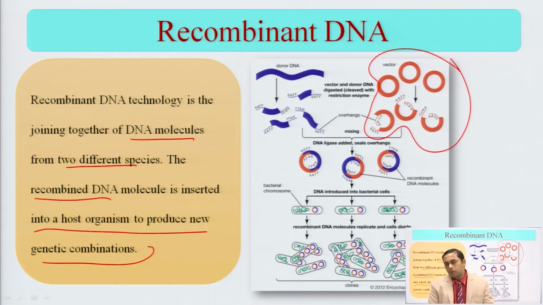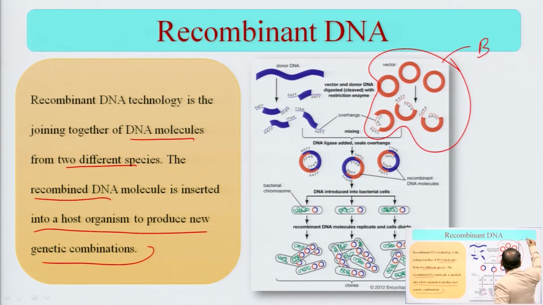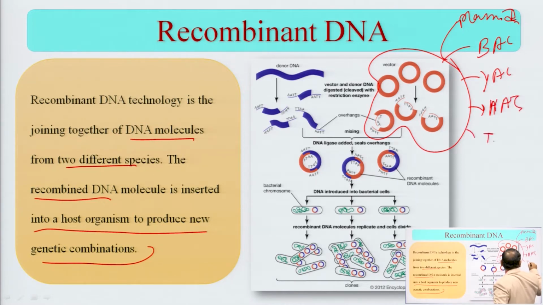You have seen various kinds of vectors, such as plasmid, BAC, YAC, and human artificial chromosome. These kinds of vectors you can use for rDNA technology.